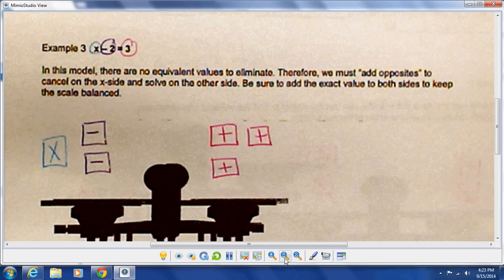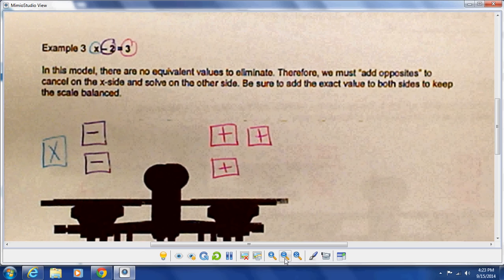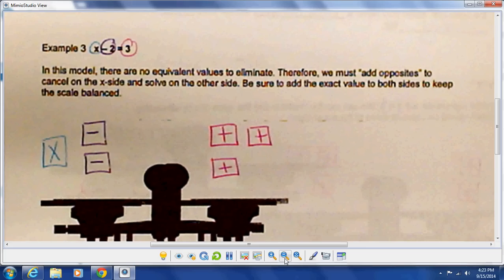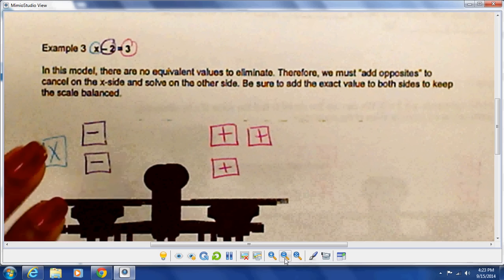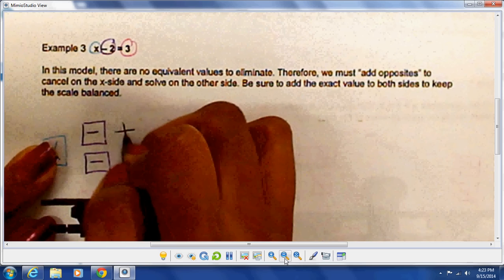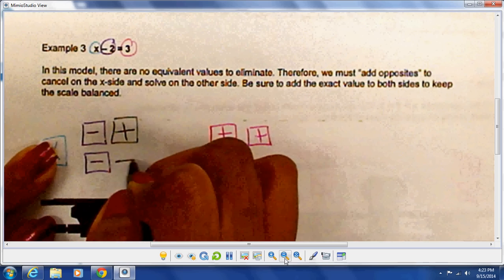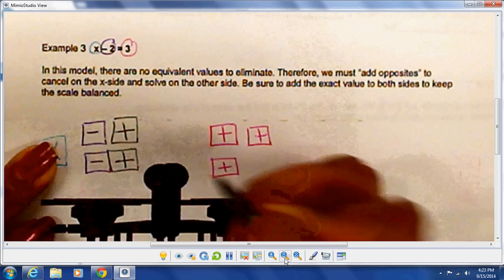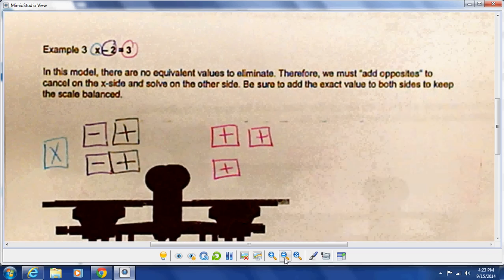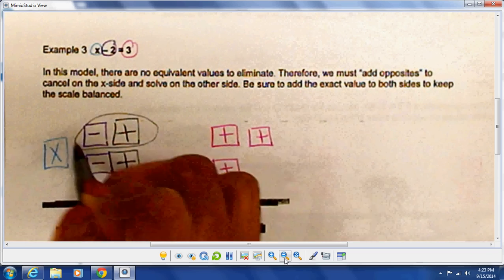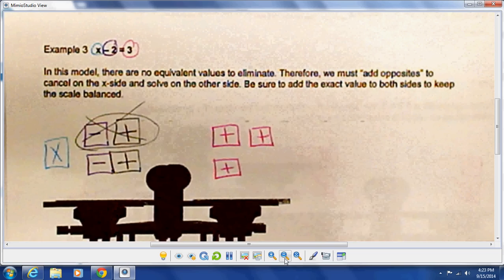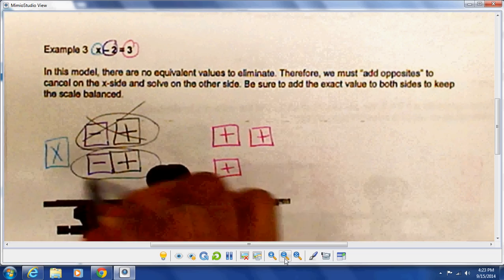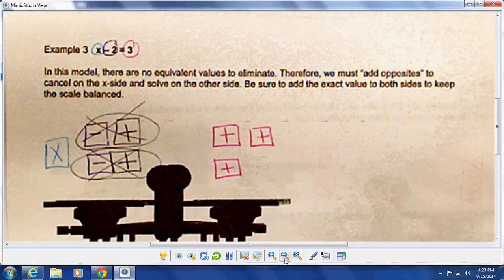So the way that I remove anything is I do the opposite. So that's why it says we're going to add opposites. So therefore, the opposite of negatives are positives. Since I added these 2 positives, these make a 0 pair, so they'll go away. These make a 0 pair, so they'll go away.